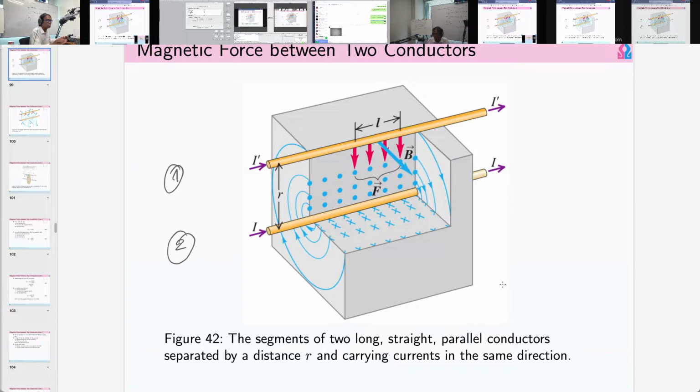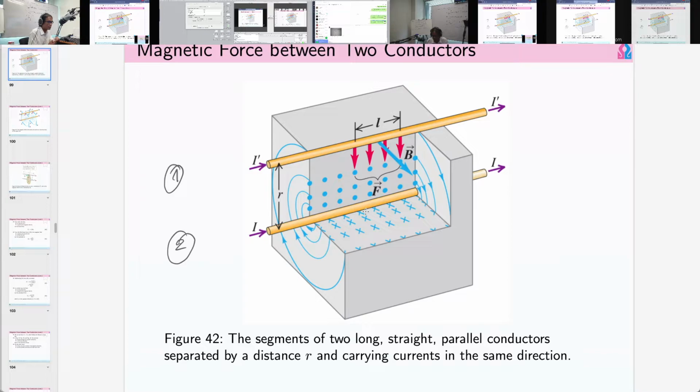In physics, we have to take care of both things, the magnitude and the direction.